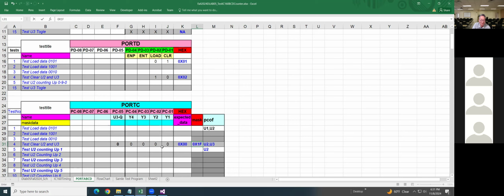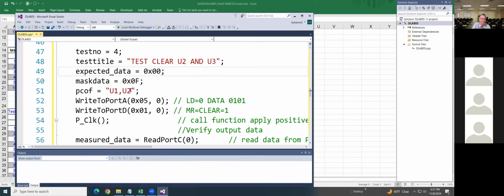Right? So we want that output to be 0. Mask data have to be 1, 1, 1, 1, 1, 1F. Correct? Mm-hmm. Yes. Okay. Expect data 1 and mask data 1.